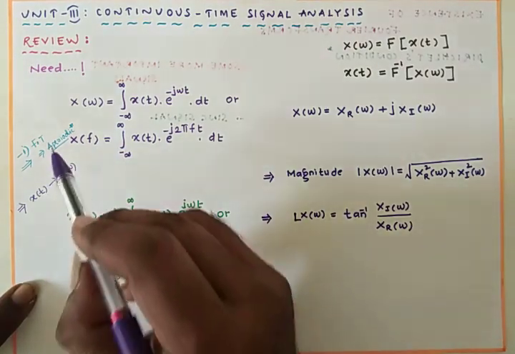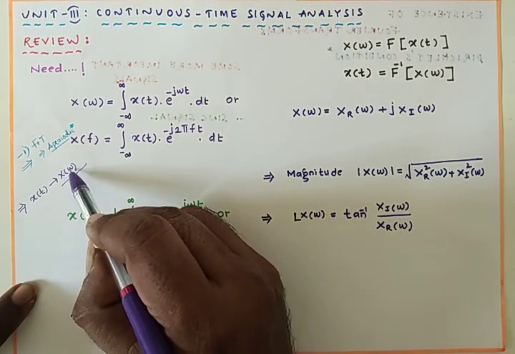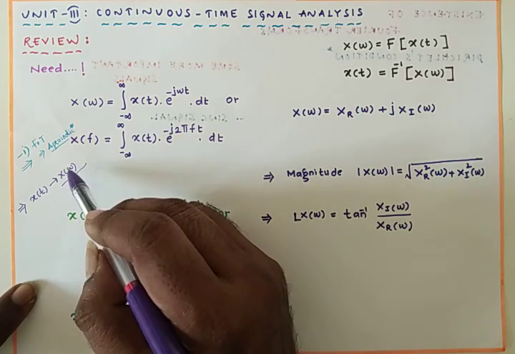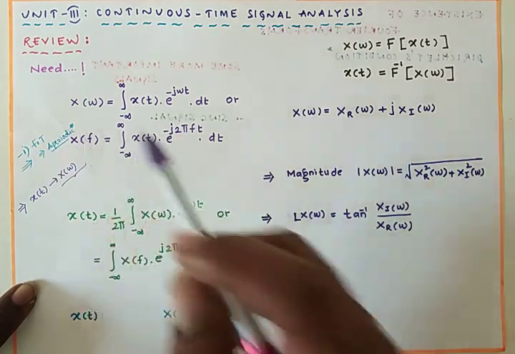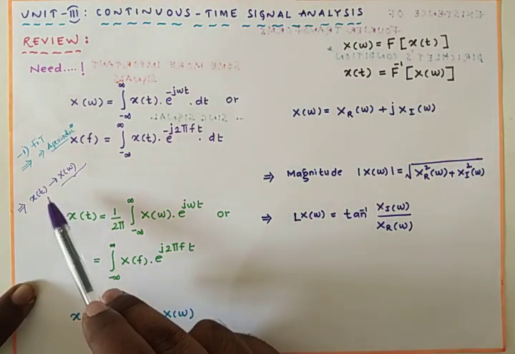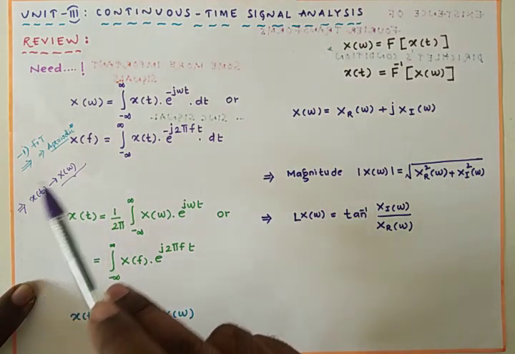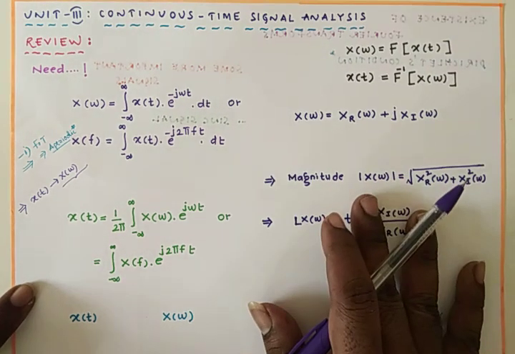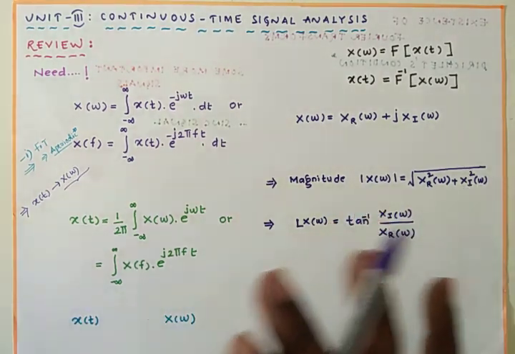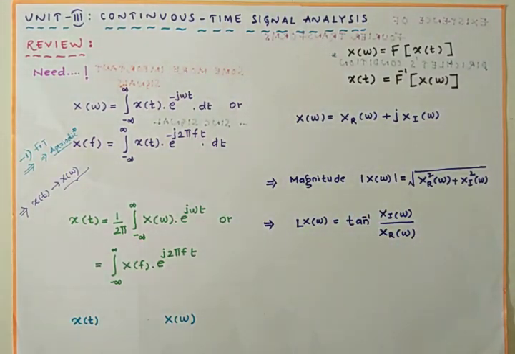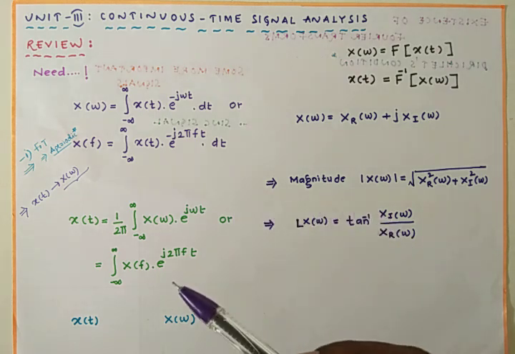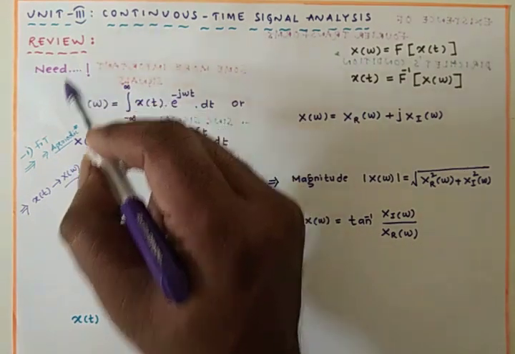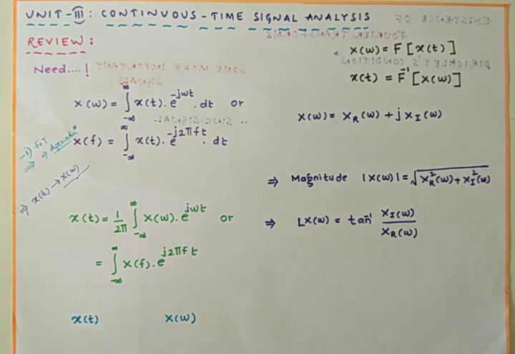When the signal is represented in the frequency domain, it is more convenient to analyze. Due to these two reasons we have the Fourier transform, which can be used to analyze continuous time signals. These two are the necessity to study the Fourier transform.